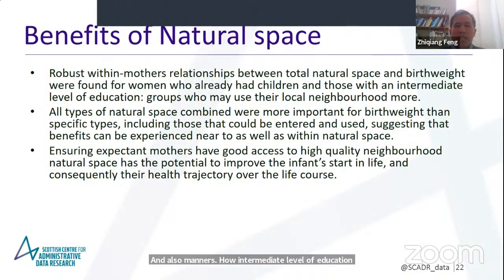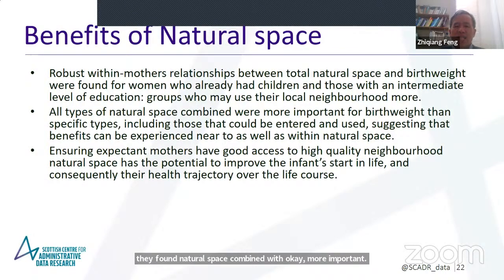They found the natural space combined was actually more important, and quite interesting, they didn't find any beneficial impact from specific types.